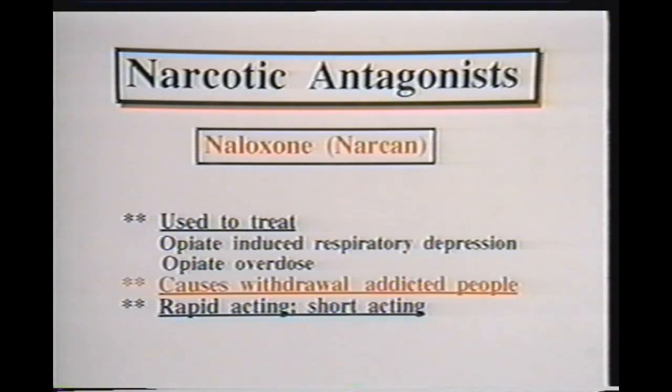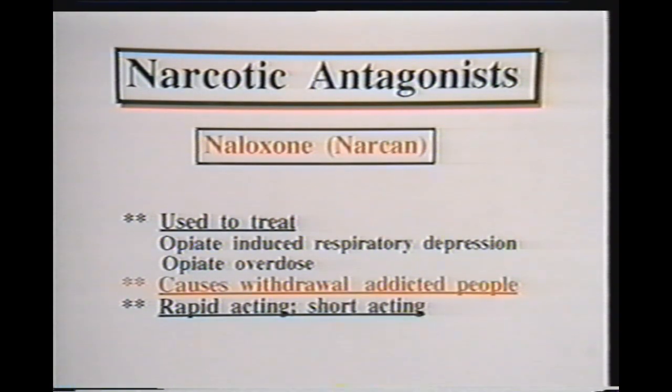When we're talking about narcotics, we need to mention narcotic antagonists, and Narcan, don't you love the name, narcotic antagonist, is used to treat opiate-induced respiratory depression and narcotic overdose. Remember that it competes for and wins.